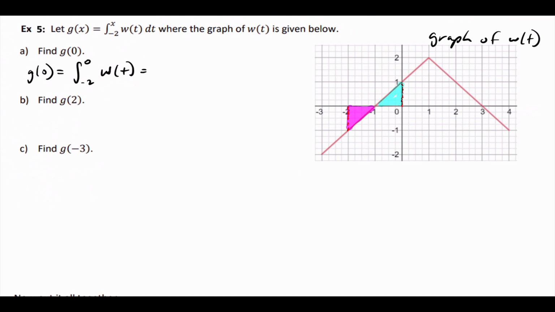So let's see. The first triangle is a 1 by 1 triangle. So 1 times 1 is 1, divided by 2, because it's a triangle, I get 0.5. Same thing over here. But one of them is negative, right? So it's positive 0.5 minus 0.5. So the area under the curve is 0.